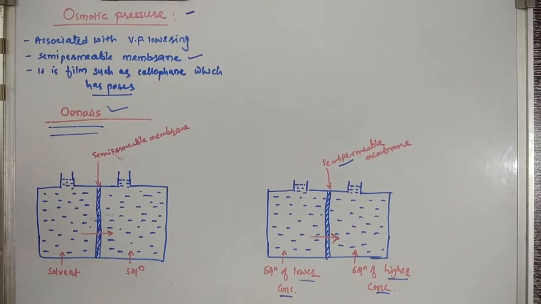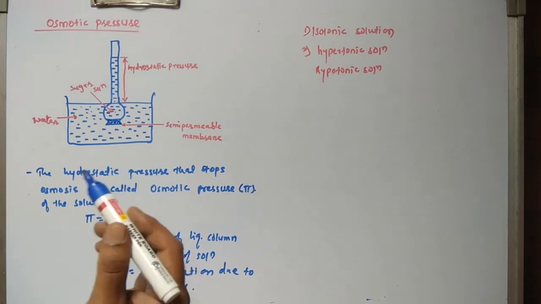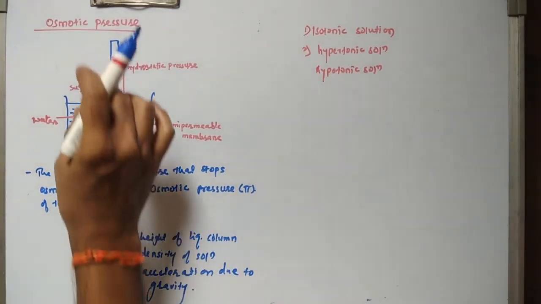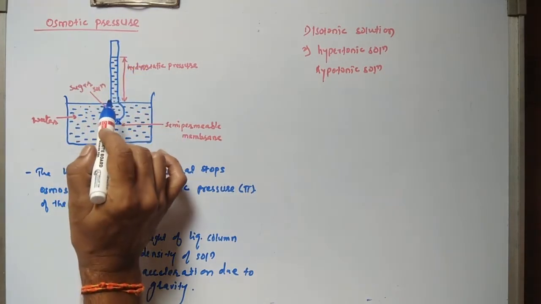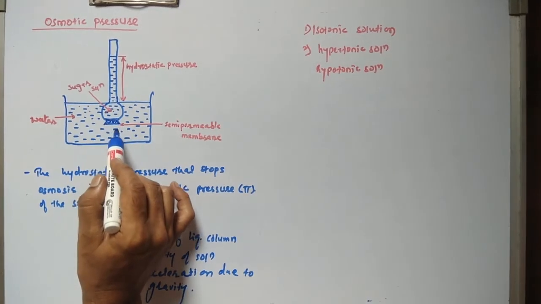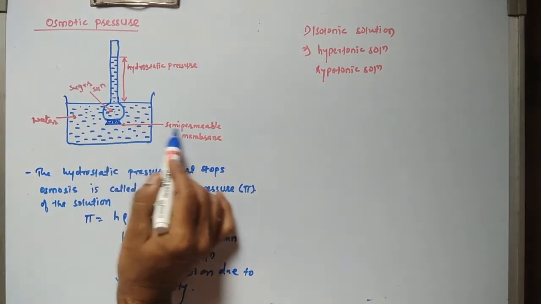Let us study osmosis and osmotic pressure with the help of this diagram. In this diagram, a thistle funnel is filled with the sugar solution, and its mouth is fastened firmly with the semi-permeable membrane.